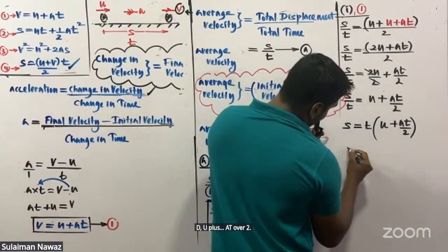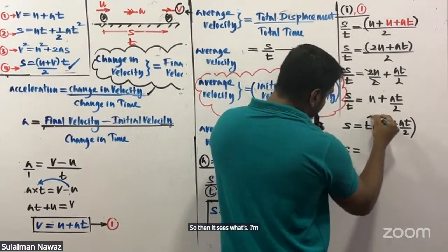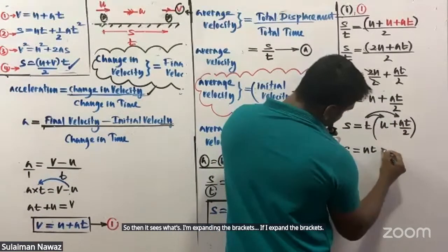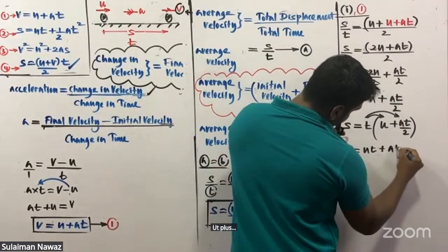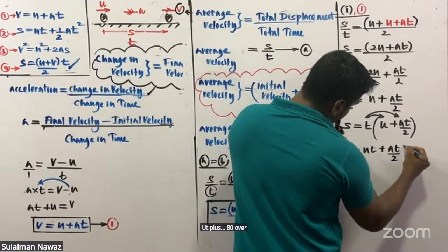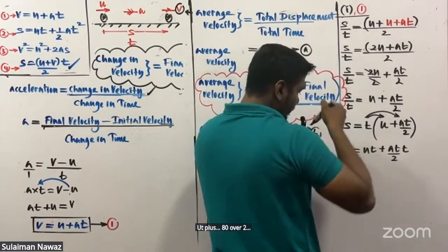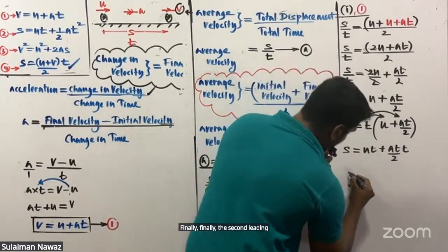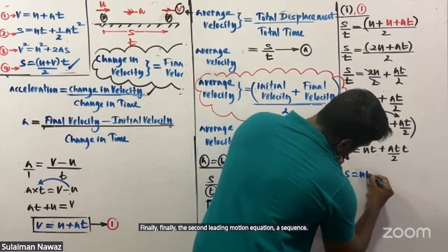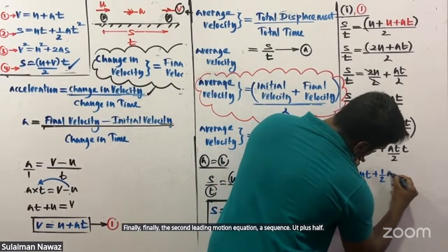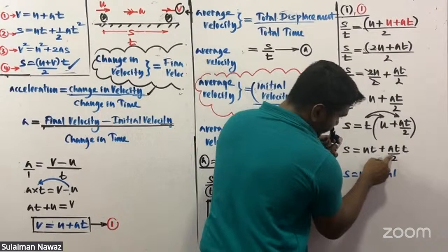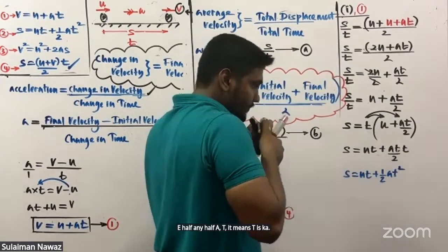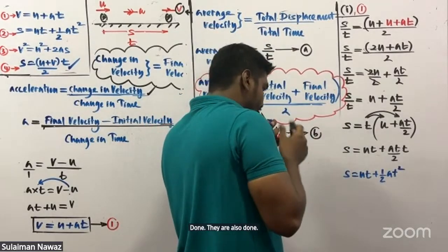Expanding the brackets, S is UT plus AT over 2 into T. Finally, the second linear motion equation is S equals UT plus half A T square. Done. Third also done. Last one, then finished.